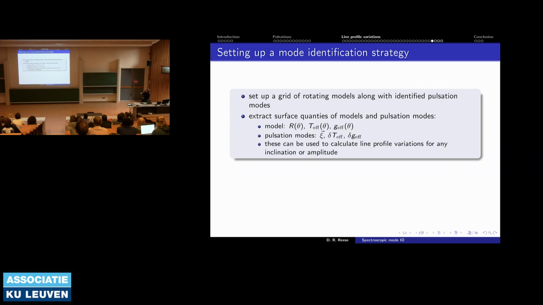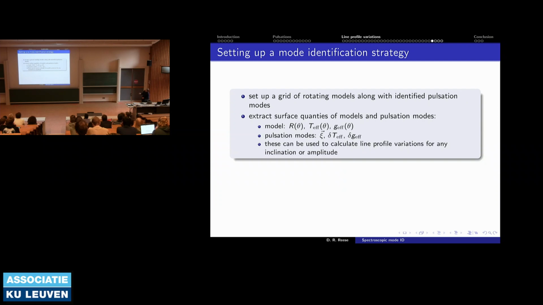Now I want to talk about what sort of strategies we can hope to set up for carrying out mode identification in rapidly rotating stars using line profile variations. As a first step, I think what's needed is a grid of rotating models with identified pulsation modes. And for the different pulsation modes, we would need to extract surface quantities such as the Lagrangian displacement, the variations of effective temperature and gravity, and have this available in a large database.